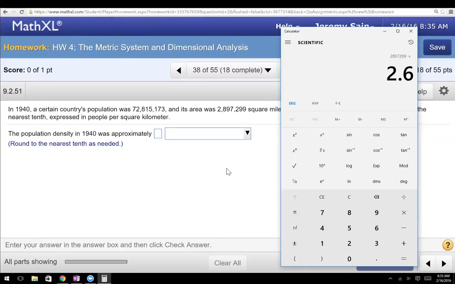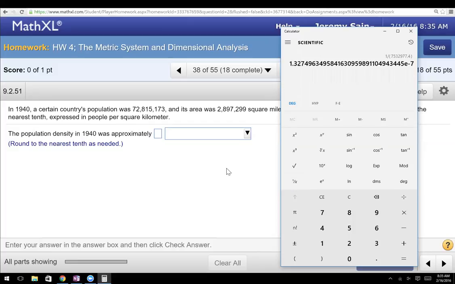All right, so yeah, a square mile is bigger than a square kilometer, so we need our number to get bigger. So yeah, it's 7 million square kilometers, and we're dividing by that. So you can write it down and divide, or there's this magical button on the calculator that's 1 over x.